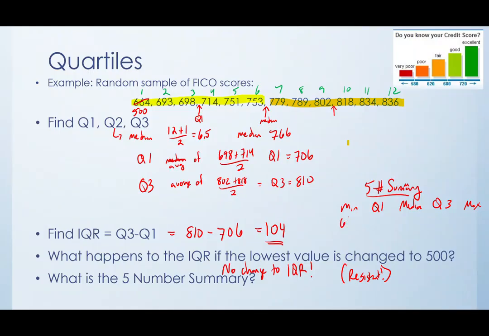So let's go back to the original data, 664, and then 706, 766, 810, and 836. So from those 5 numbers, you have a measure of center with the median, and you have 2 measures of spread. You have the interquartile range, you can calculate Q3 minus Q1, and you have the range, the max minus the min. Okay. So that's it for this one.